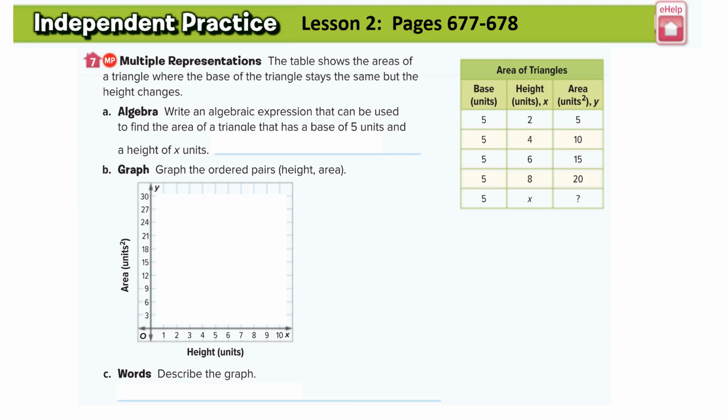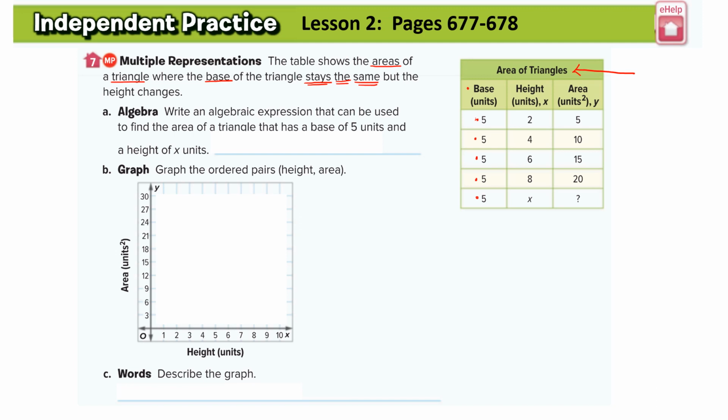Question number 7, multiple representations. The table shows the areas of a triangle where the base of the triangle stays the same, but the height changes. So let's look at this table. If we look, we see that the base is 5, 5, 5, 5, and 5.